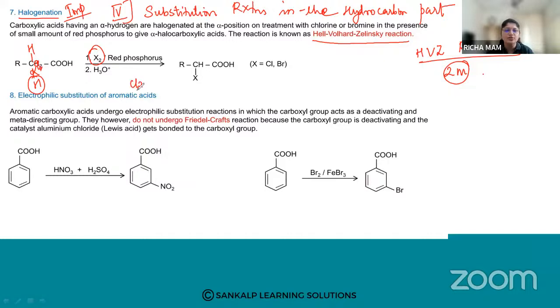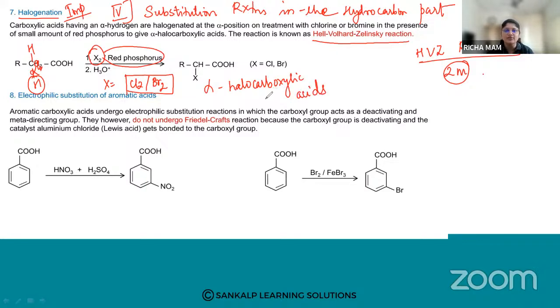Either you can use chlorine or bromine, so X2 will be either Cl2 or Br2 in the presence of red phosphorus, and we are going to get an alpha halo acid. At this alpha carbon, one of the hydrogens will be replaced by a halo group.